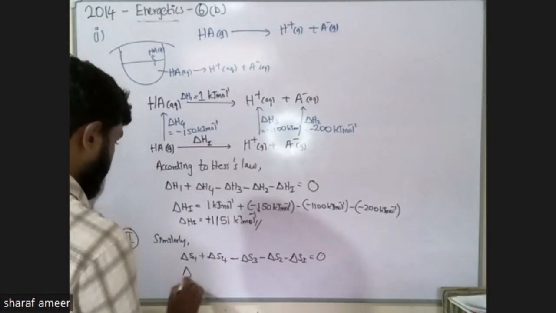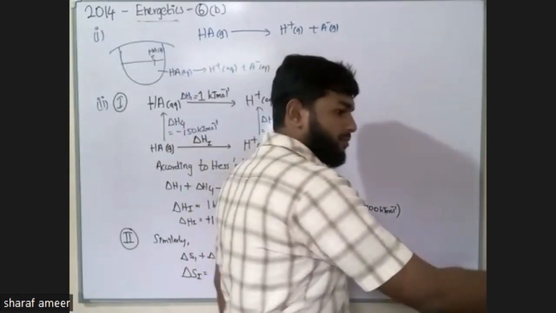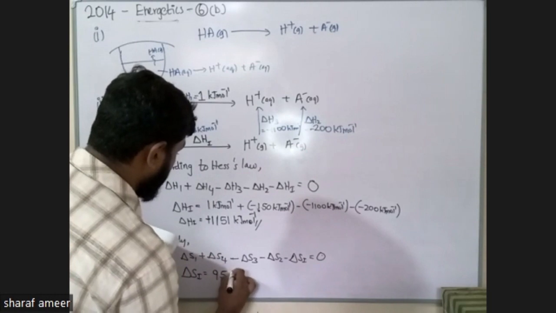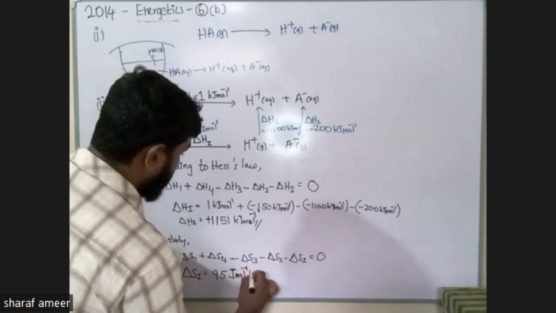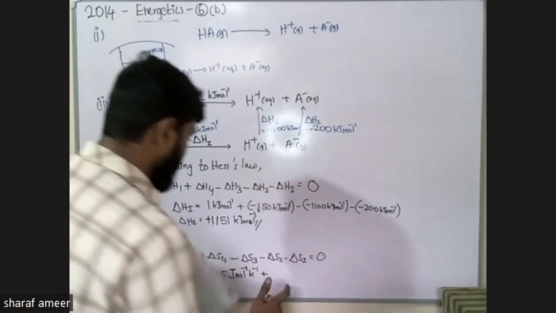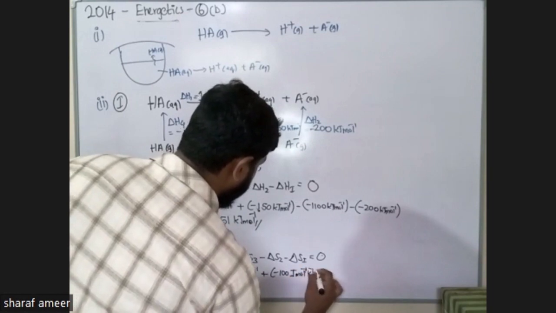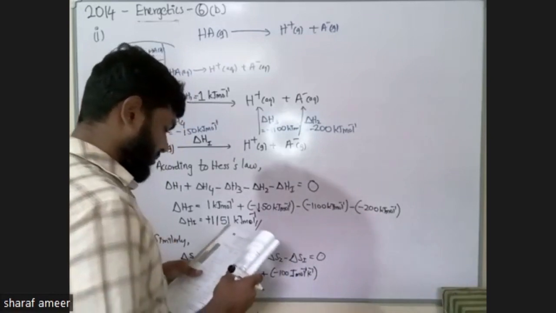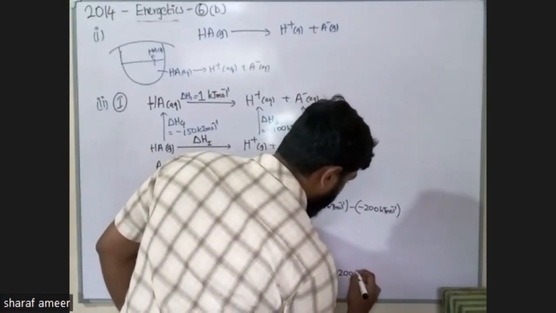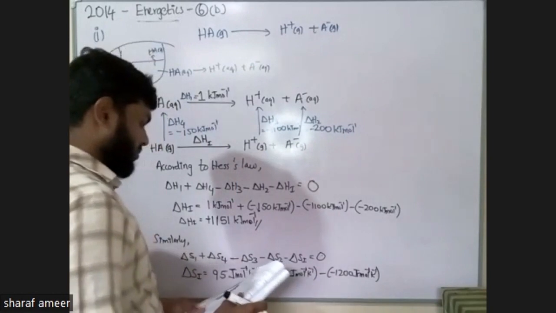So delta S Roman number 1 is equal to, so here they have given 95 joule per mole per Kelvin plus bracket minus 100 joule per mole per Kelvin, then minus delta S3, so minus 1200 joules per mole per Kelvin, right?